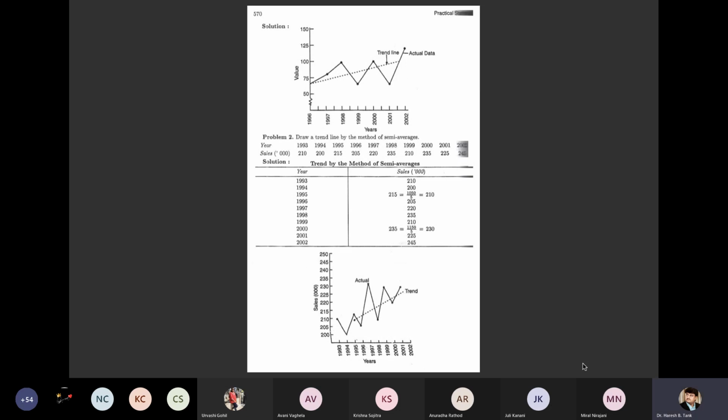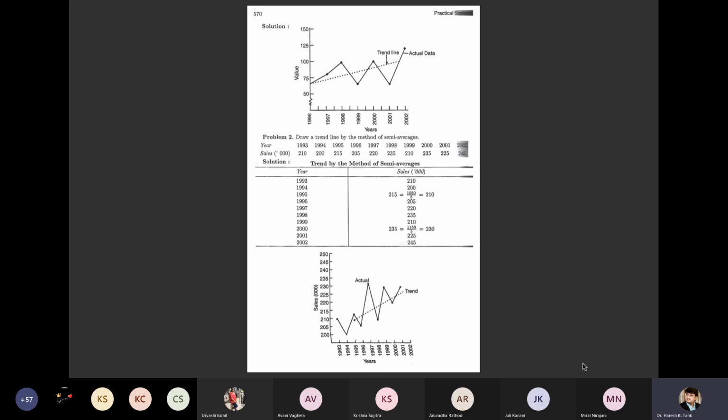Once you draw this freehand graph, the second thing to be done is to draw a best fitted line. What is this best fitted line? The first option is that it should contain the maximum number of points. But all these points are a little haphazard and going zigzag, so you don't have that option.